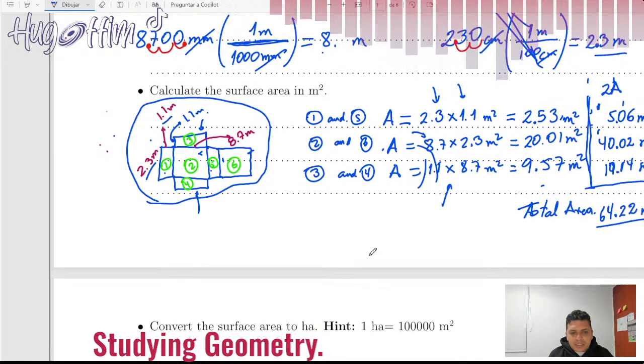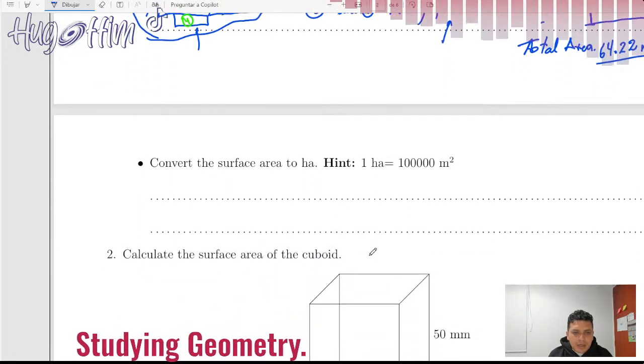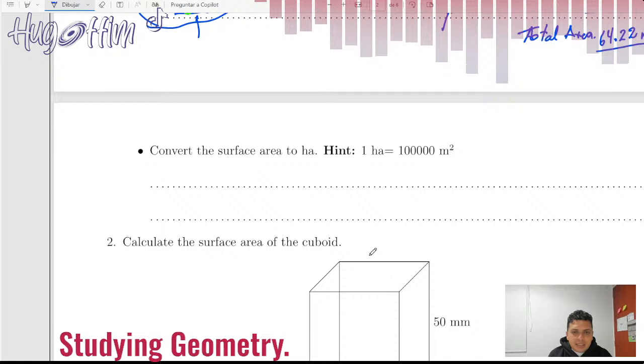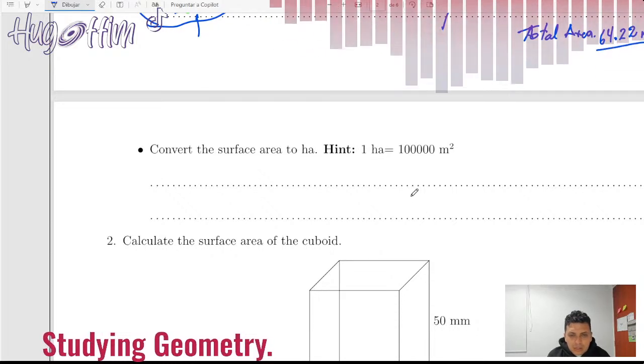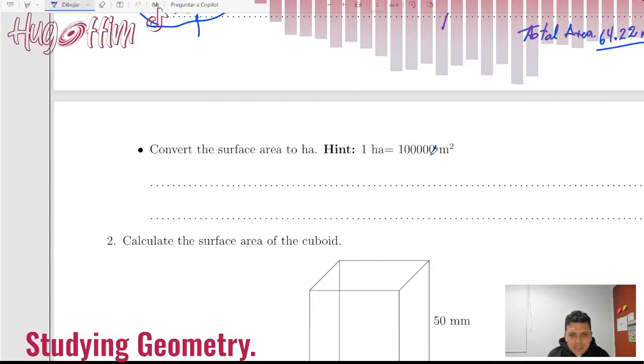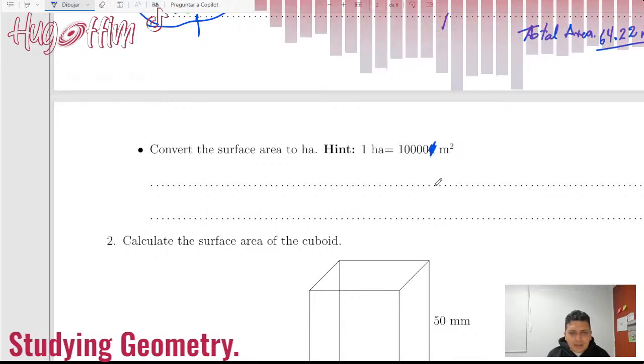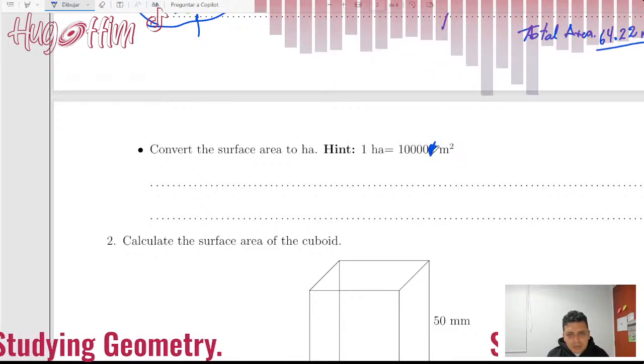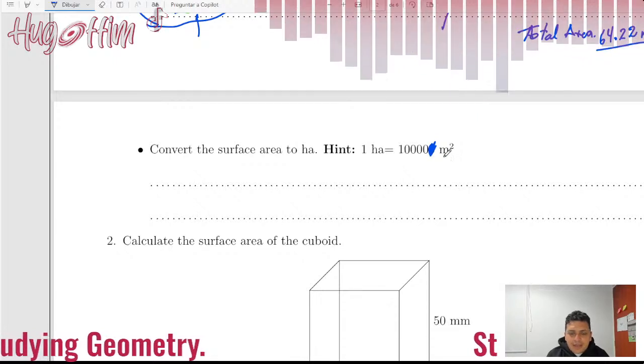Okay, now it says convert the surface area to hectares. 1 hectare is, okay, this is wrong. It's 10,000 square meters. I'm sorry, this conversion factor is wrong. 10,000 square meters.